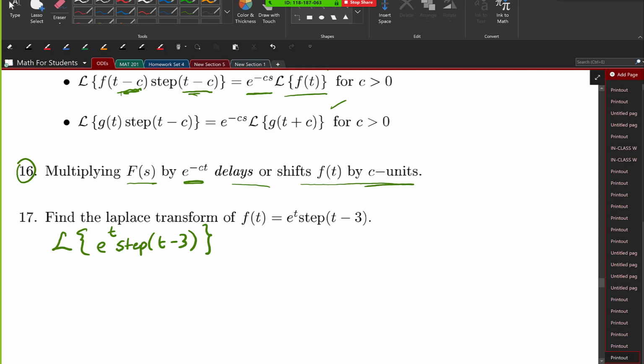Okay. So just following the script here, C is being played by the number 3 here. Now, which of these two formulas should I use for doing the Laplace transform based on what I'm looking at?